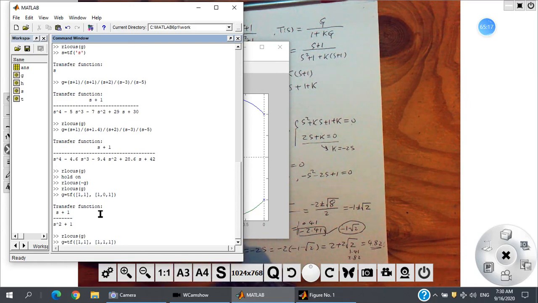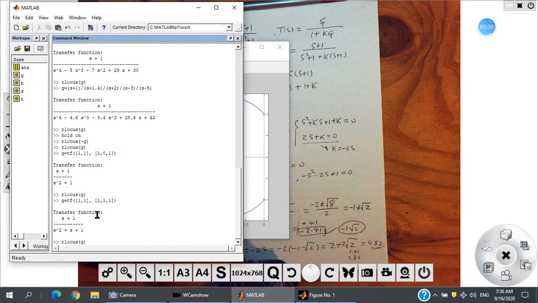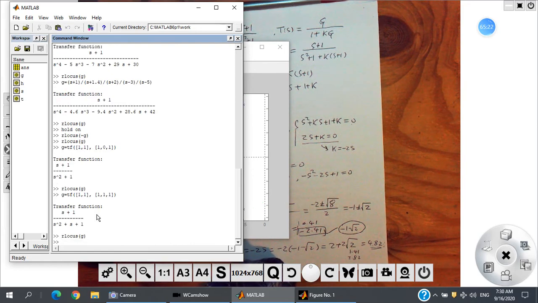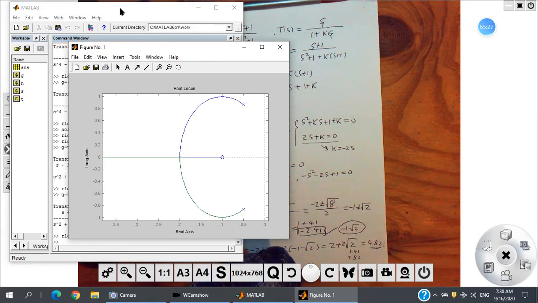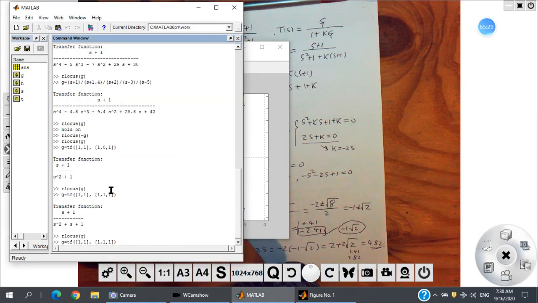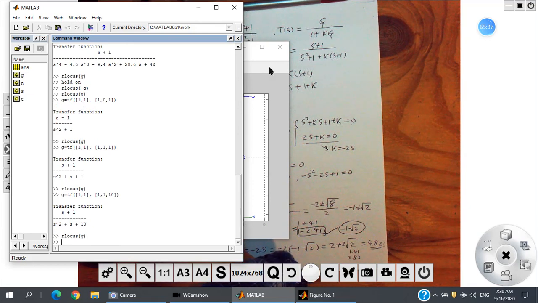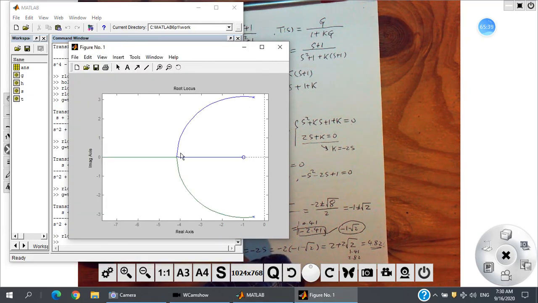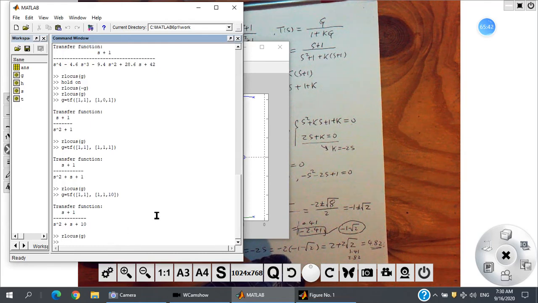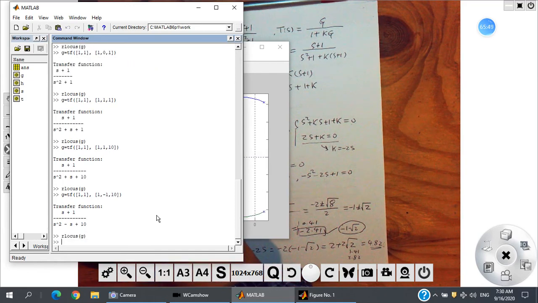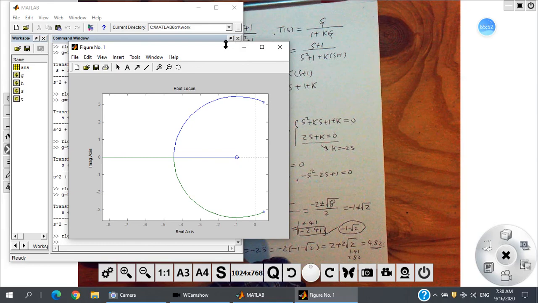What will happen? Oh, it's not good. I want to put a 10 here. Still like this. I put negative 1 here.